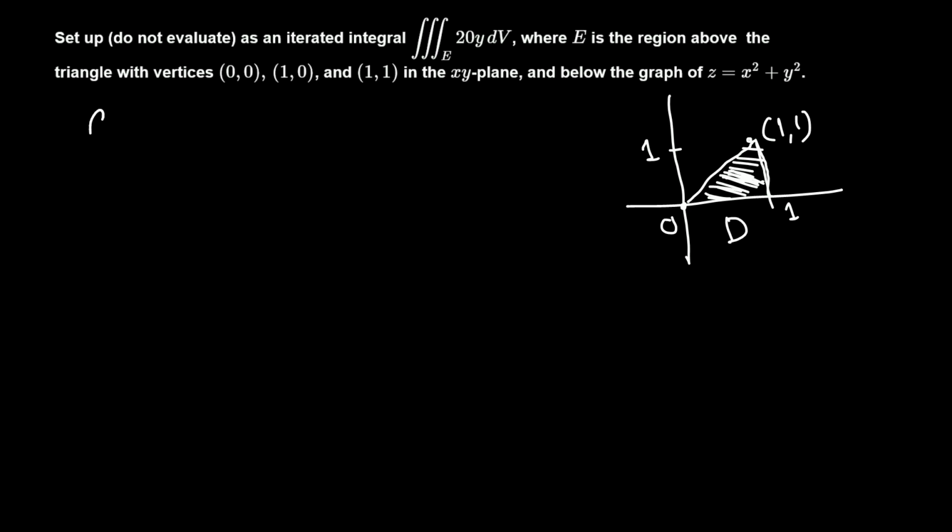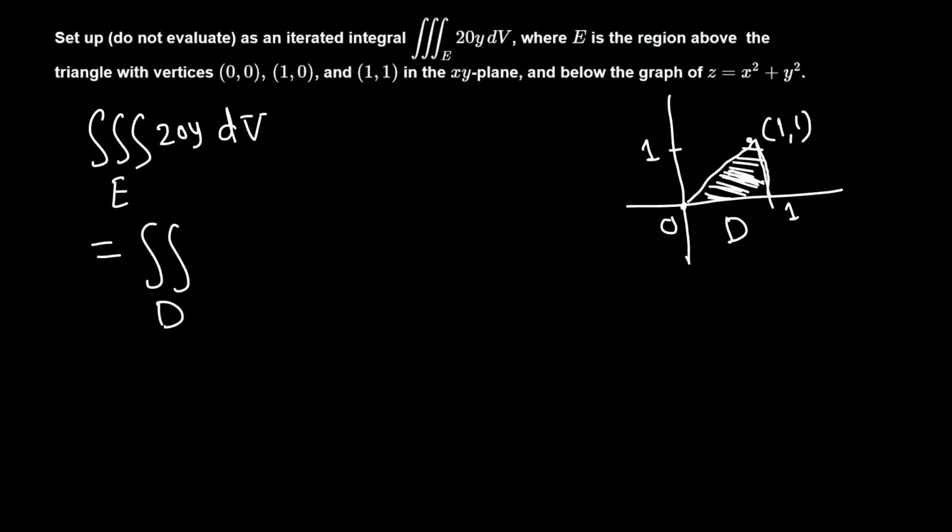So this triple integral of 20y dV is the same as a double integral over D in the xy plane, and inside we write just in terms of dz, where the function is 20y, and on this region we have area dA.